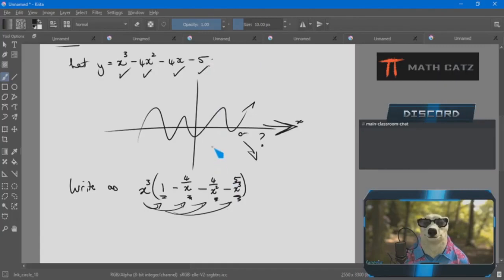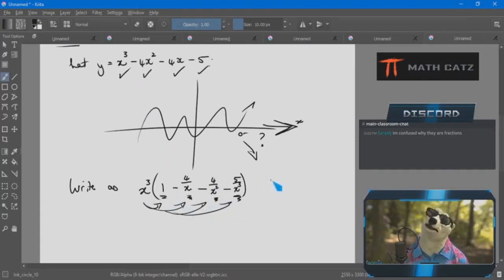Okay, so I'm going to rewrite my function in this way, which is equivalent for large values of x. It's not exactly the same. I'm not writing y equals here specifically because the top function, my original polynomial, is defined at x equal to 0, while this new version is technically not.